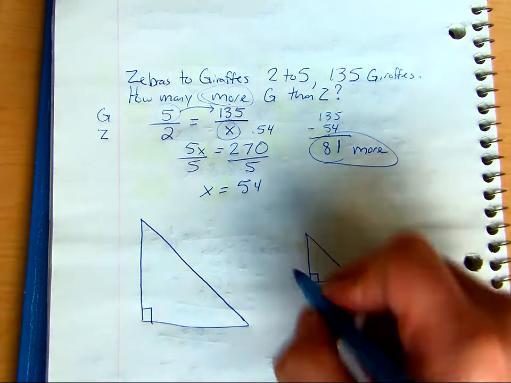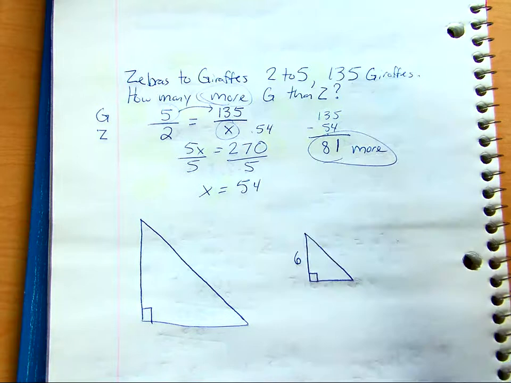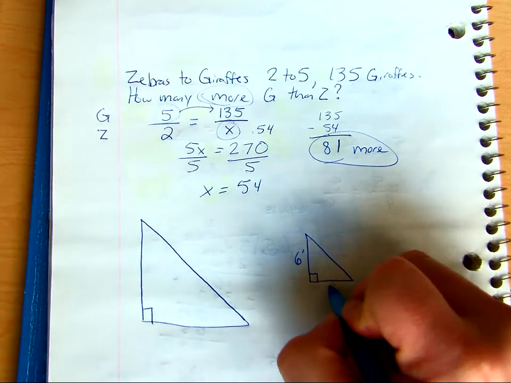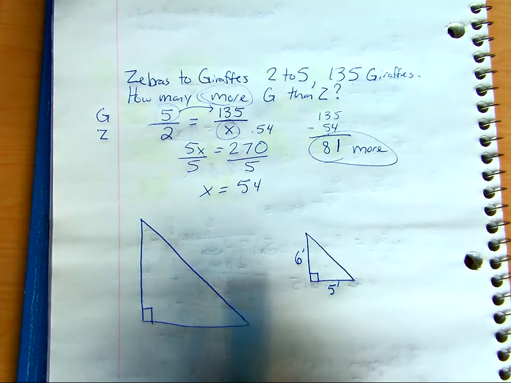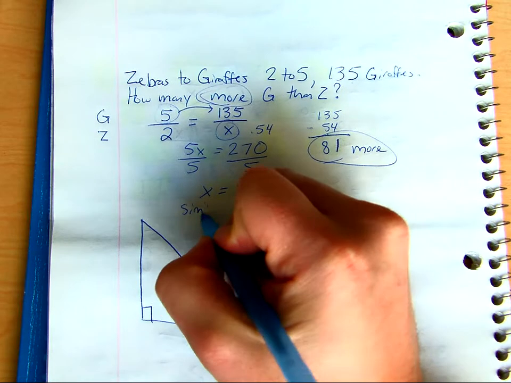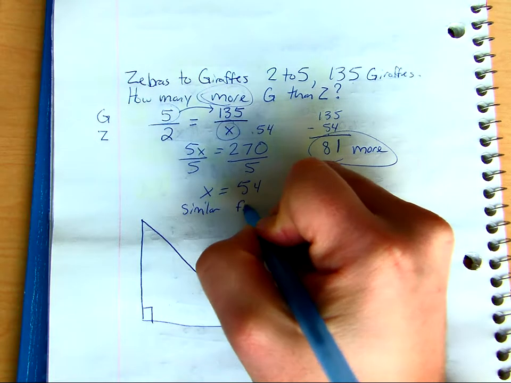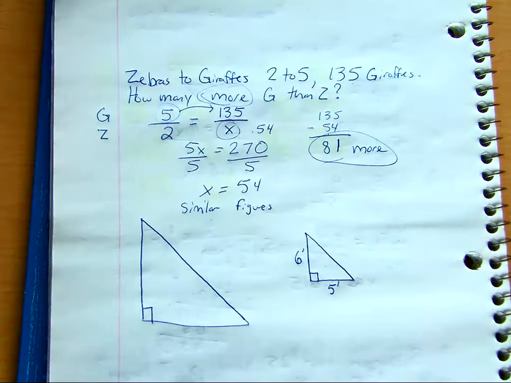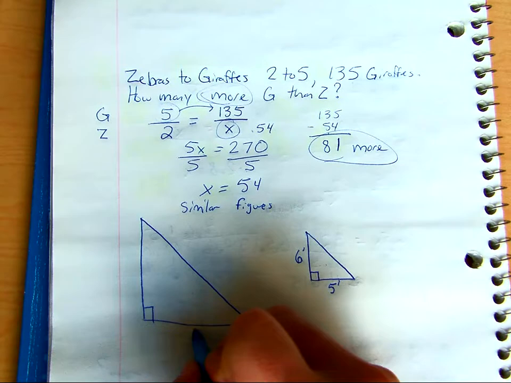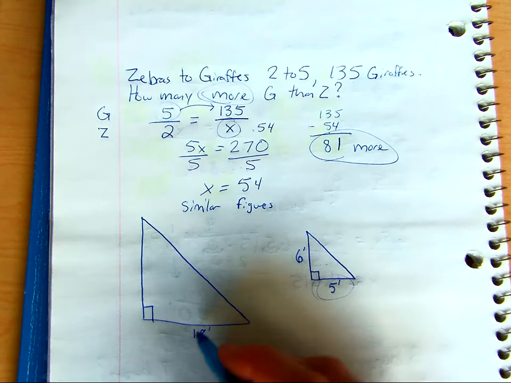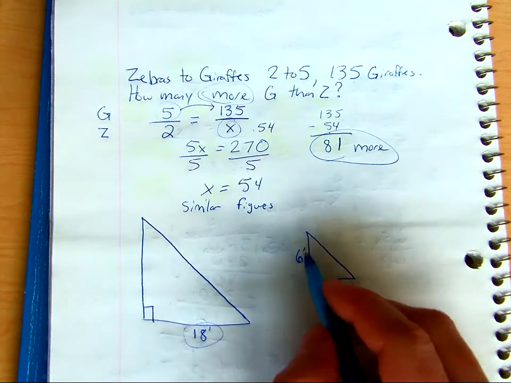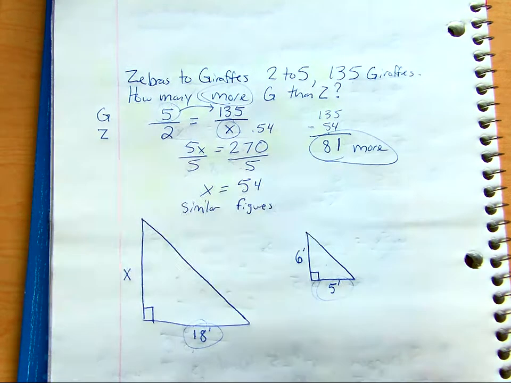So if I said this side was 6 feet and this side was 5 feet, if these are similar figures, then this side I'm saying is 18 feet. That means the relationship between 5 and 18 is the same thing as 6 and this unknown length of this side.